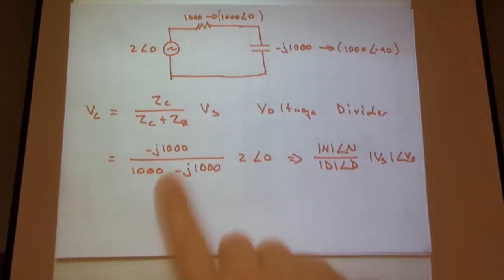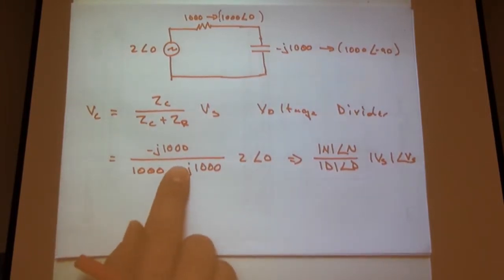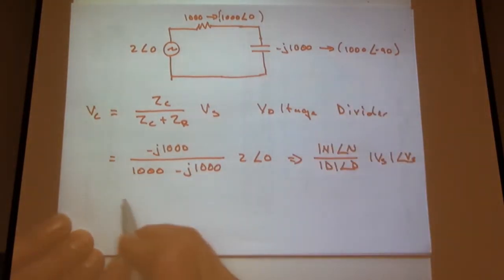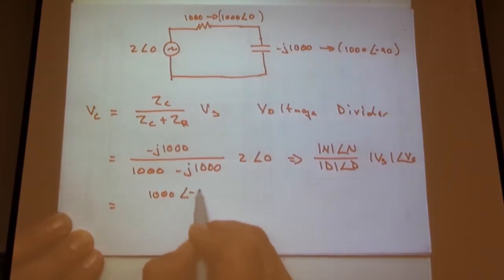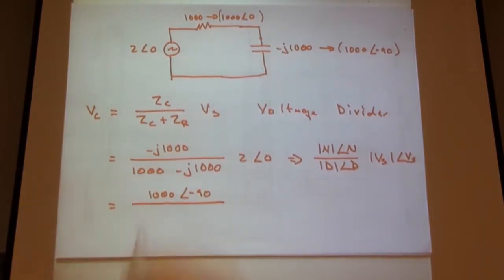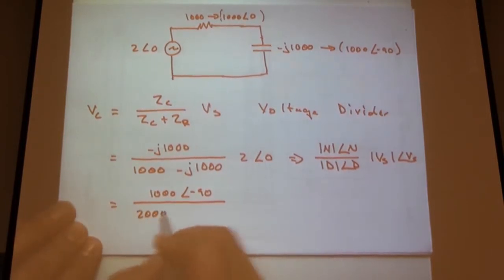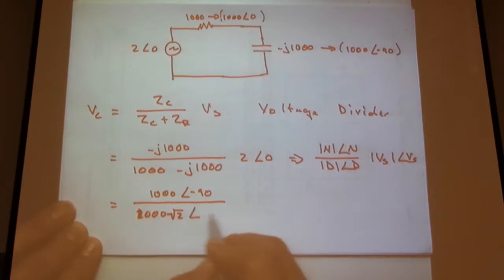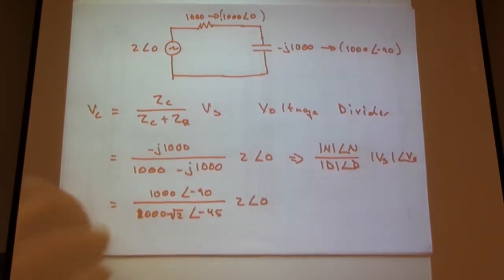The magnitude of J 1,000, I hope we all agree, is 1,000, and our angle is minus 90 degrees. We actually wrote that up there. So 1,000 angle minus 90, and the denominator likewise we can do by inspection. 1,000 square root of 2, angle minus 45, and 2 angle 0.